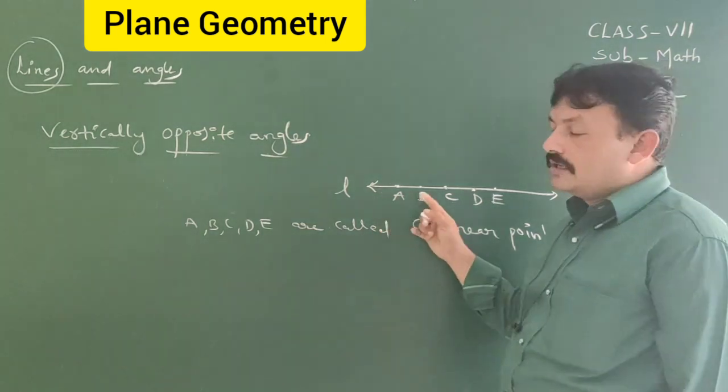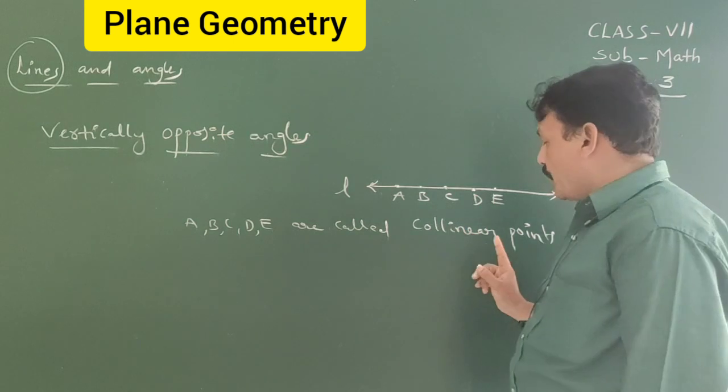The points which are lying on the same line are called collinear points.